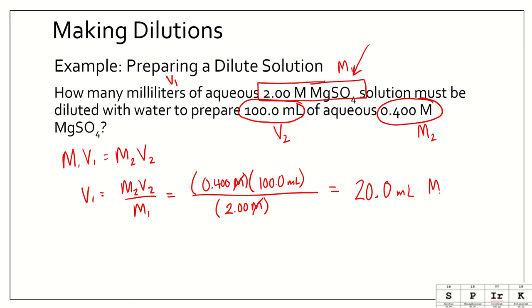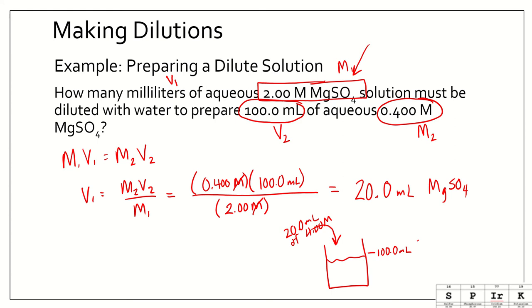milliliters of MgSO4. So what that means is, in a beaker, that's not a beaker, that's a box. In a beaker that has 100 milliliters of water, I need to pour in 20 milliliters of 2 molar magnesium sulfate.